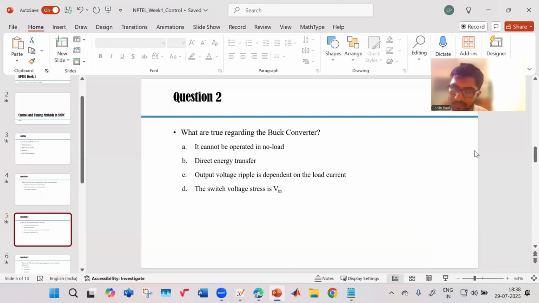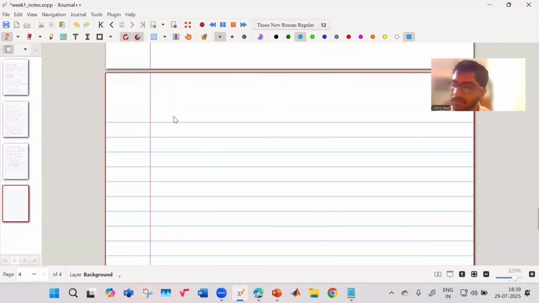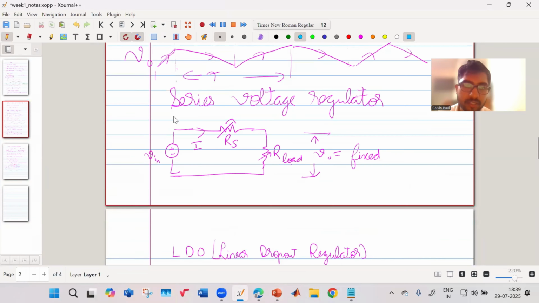Then B, I didn't understand what is the meaning. Direct energy transfer means? So direct energy transfer, let me draw. Let me go to a new page.